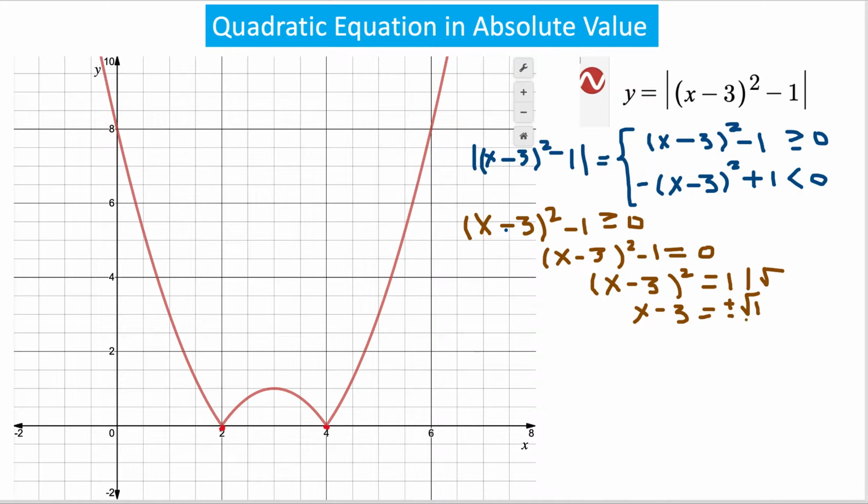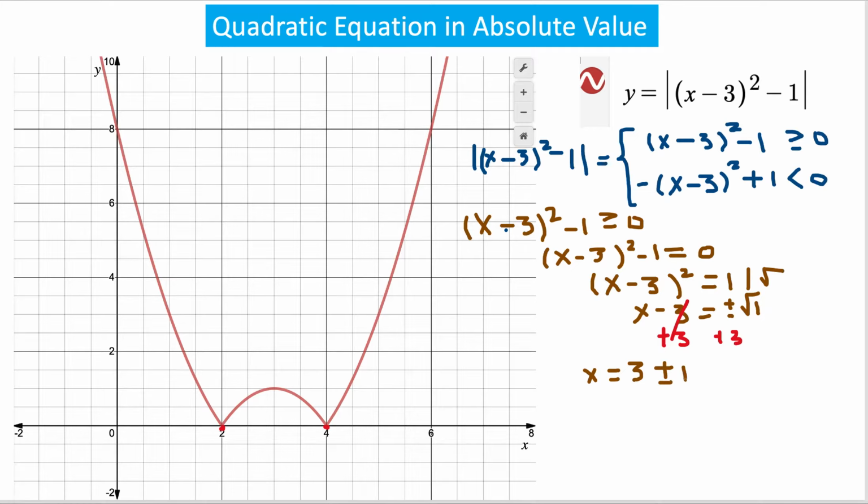Adding plus 3 to both sides, x is equal to 3 plus minus 1.